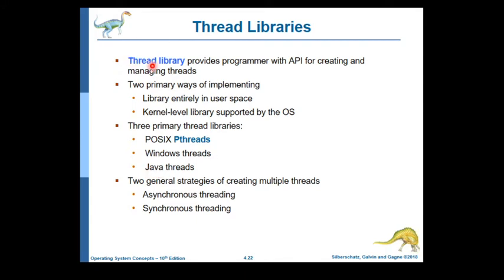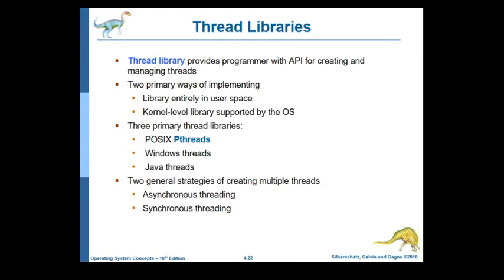A thread library provides the programmer with an API for creating and managing threads. There are two primary ways of implementing a thread library. The first one is to provide a library entirely in user space with no kernel support.